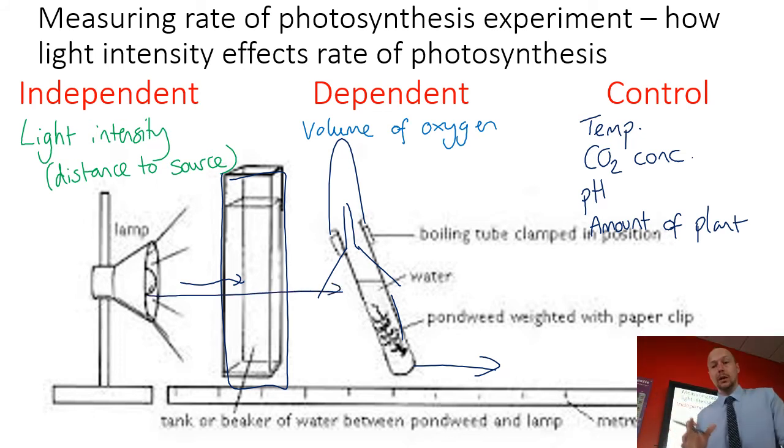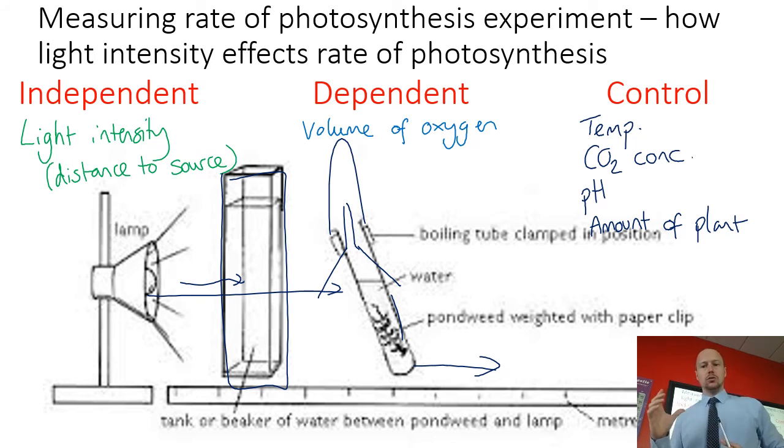So that is one way we can specifically control temperature. Other things we could control if we wanted to make it accurate would be things like controlling the concentration of carbon dioxide that the plants have, controlling the pH of the water, and the amount of plant or pond weed that we've used.